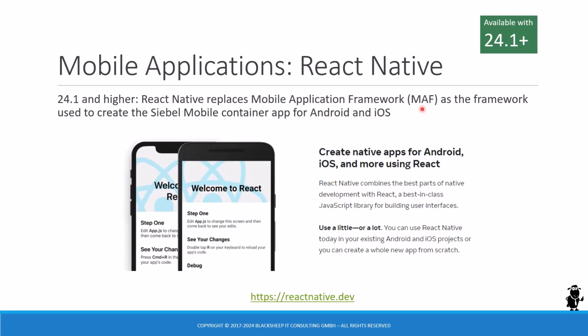Previously, the mobile application framework was used, and now in 24.1 and higher, it's being replaced by React Native. React Native actually comes from Meta, also known as Facebook. They put it open source a long time ago, and it's a very common framework. It allows you to write JavaScript applications that can then be compiled into Android or iOS or, for example, Electron apps. So that's the choice that Oracle made.